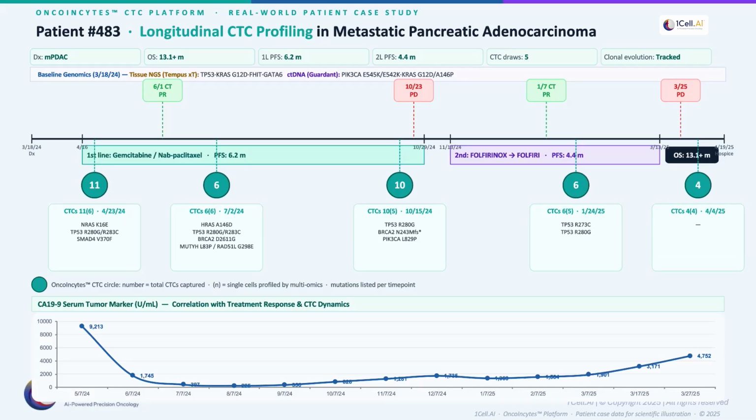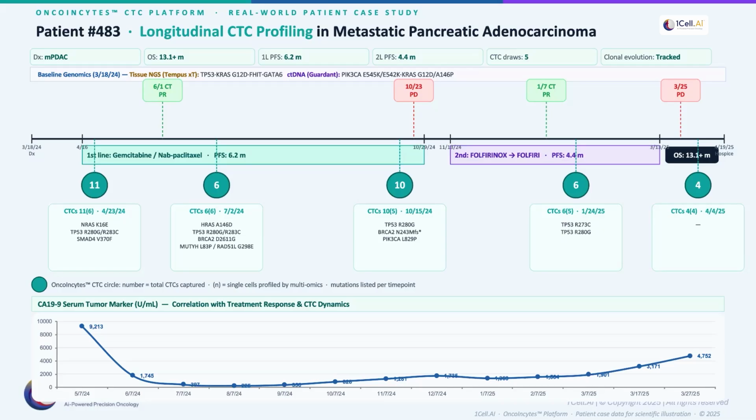Patient retains the P53. Now, other alterations are emerging, which may be very important, including BRCA, RAD51L, and MUTYH. A couple of these alterations, like BRCA and RAD51, may be causing HRD and could be targeted with PARP inhibitors or platinums.